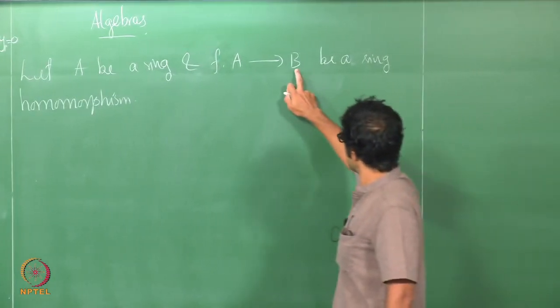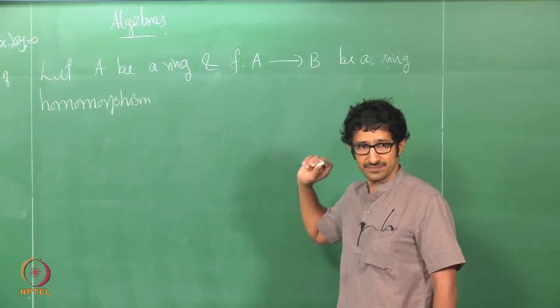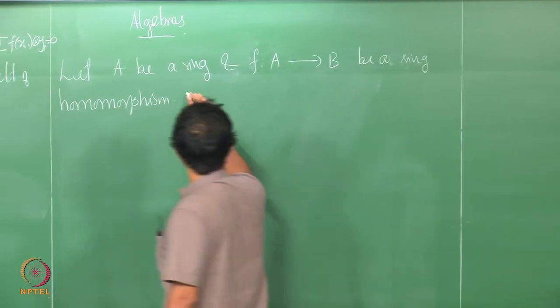Then this B can be thought of as an A module. How do you do that?